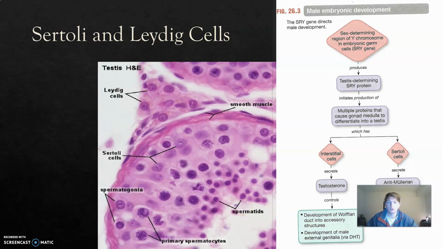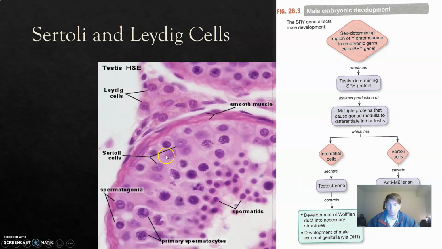And so, once we have the male cells that are developing into testes, we have the seminiferous tubules, which are right here. And you can see the Leydig cells that are really important, and the Sertoli cells. So these Sertoli cells facilitate spermatogenesis, the production and the development of maturing sperm. And in the beginning, while the fetus is developing, they produce anti-Mullerian hormone. And that anti-Mullerian hormone actually causes the Mullerian duct that develops into the fallopian tubes and the uterus to regress.